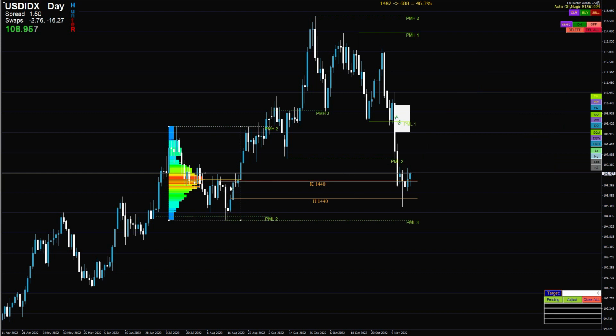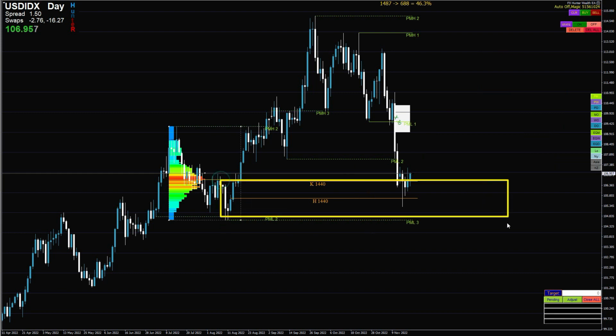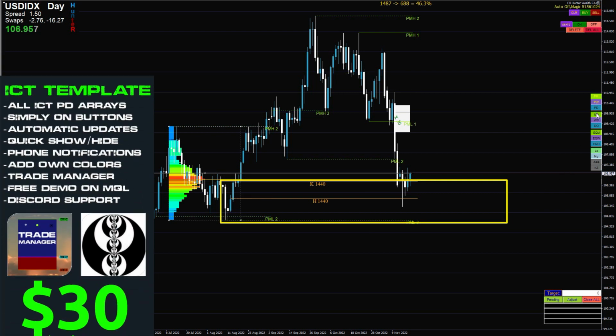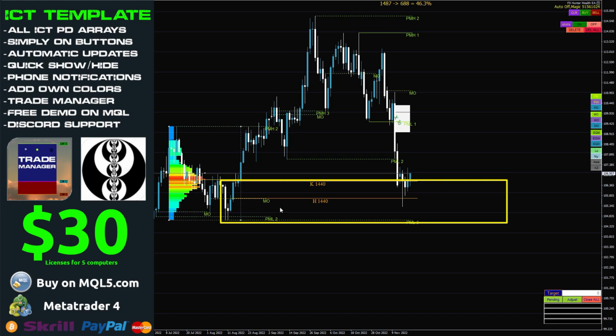So we are right now in this order block which is holding, and if we bring the monthly open, you can see it comes in here. So this monthly open is retested, and it's also a nice equilibrium of this order block.